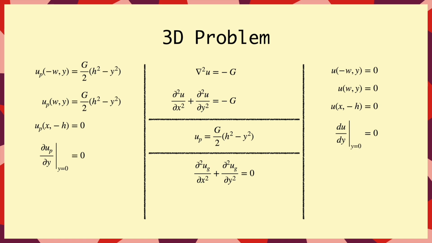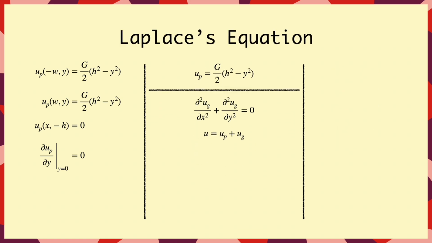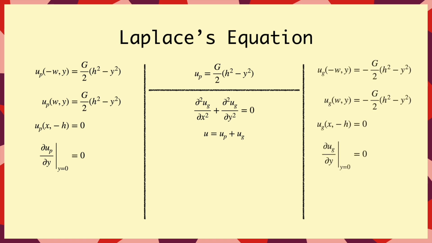Then we'll be able to add the two together, and that solution will fit everything, both the differential equation and all of the boundary conditions. So we need to work out the new boundary conditions for our general solution, and it will need to balance our particular solution on the left and right boundaries at x is w and x is minus w, so that when we add them together we get zero velocity there.